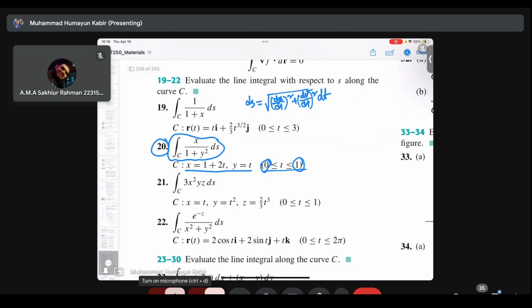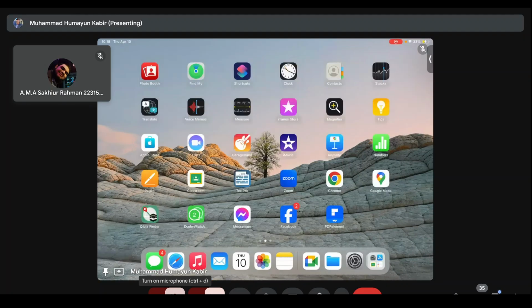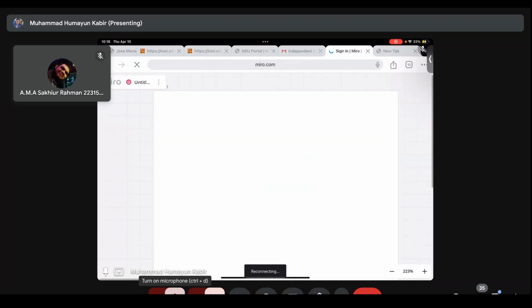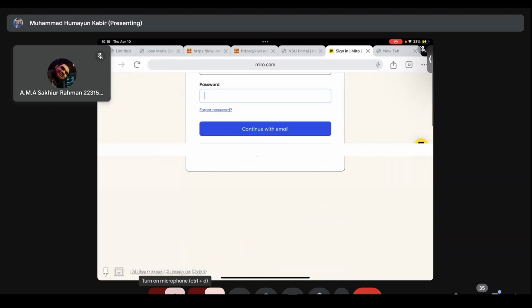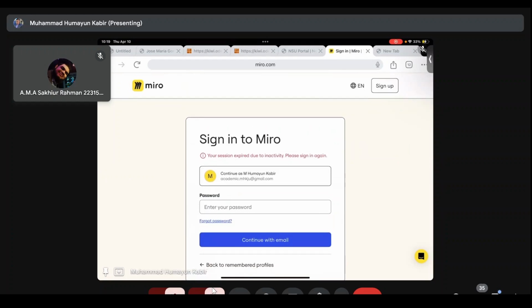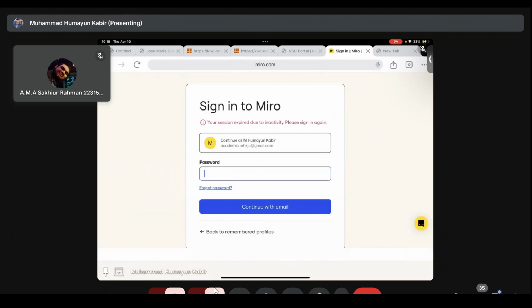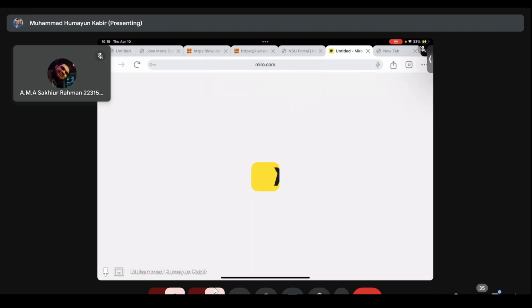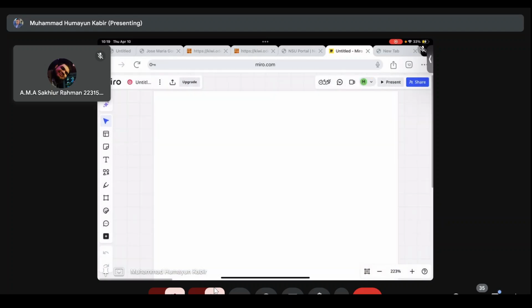Okay, so let me solve number 20, then I'll move to a different problem. Okay, so let's solve.